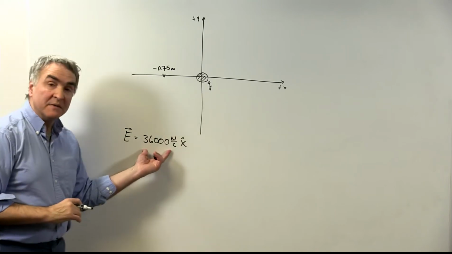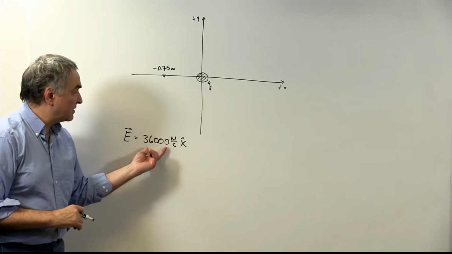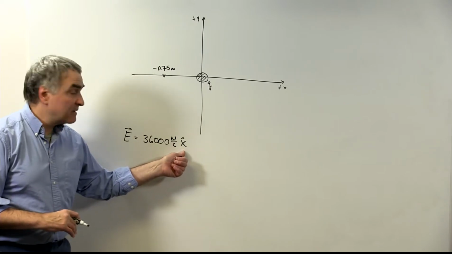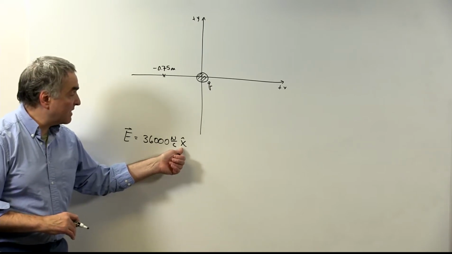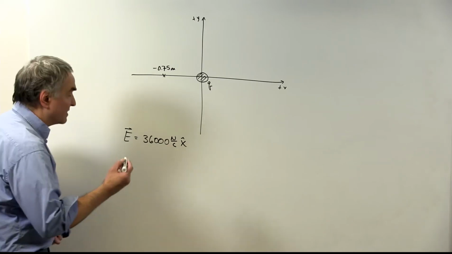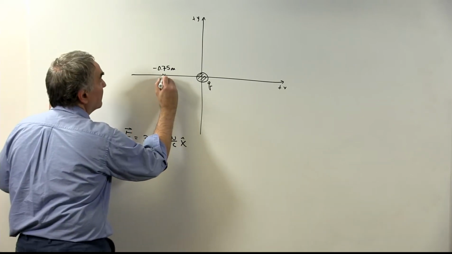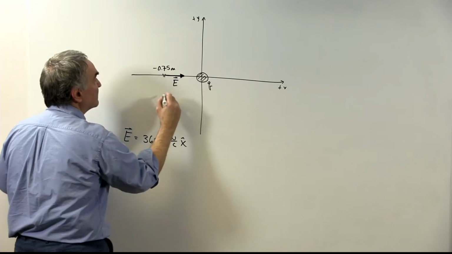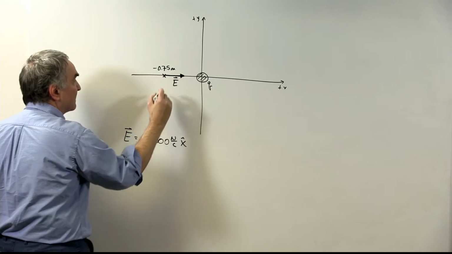So it's a big field, 36,000 newtons per coulomb. The key thing here is that its direction is in the plus x direction. So let's draw that. There's the electric field vector at that location.